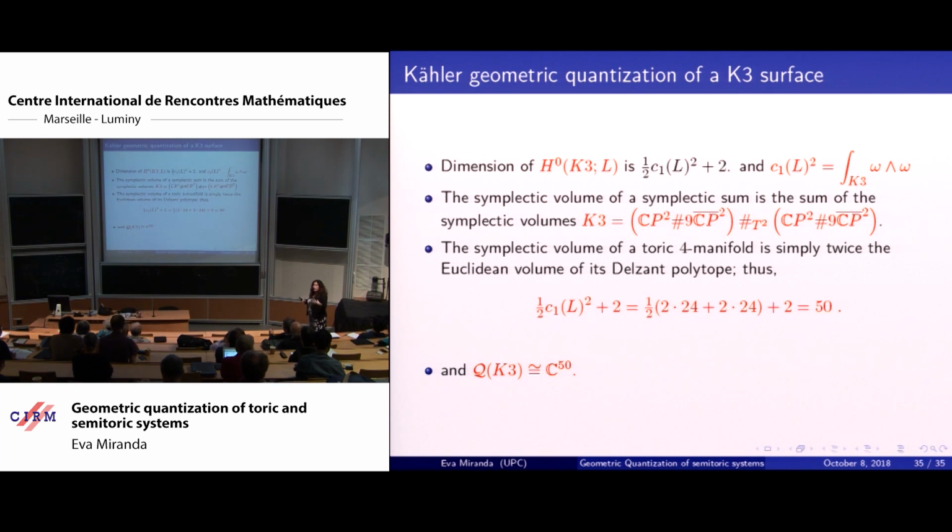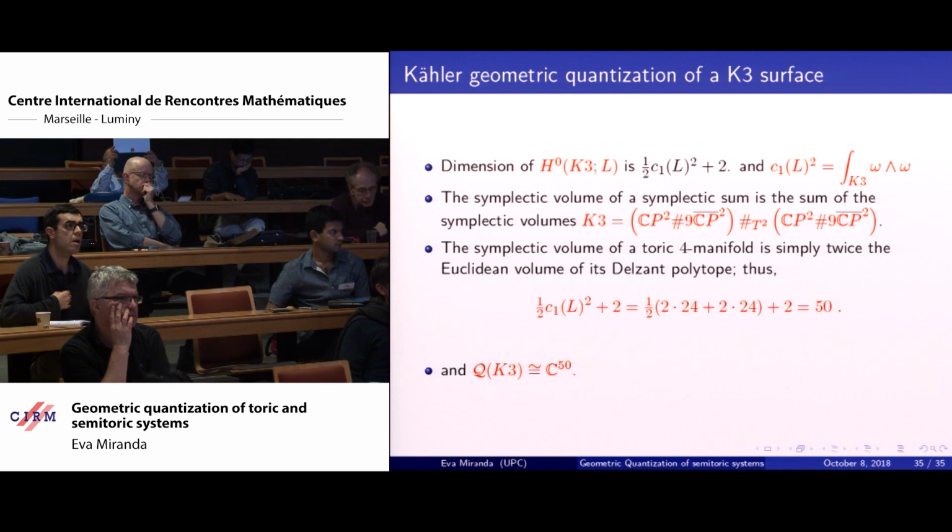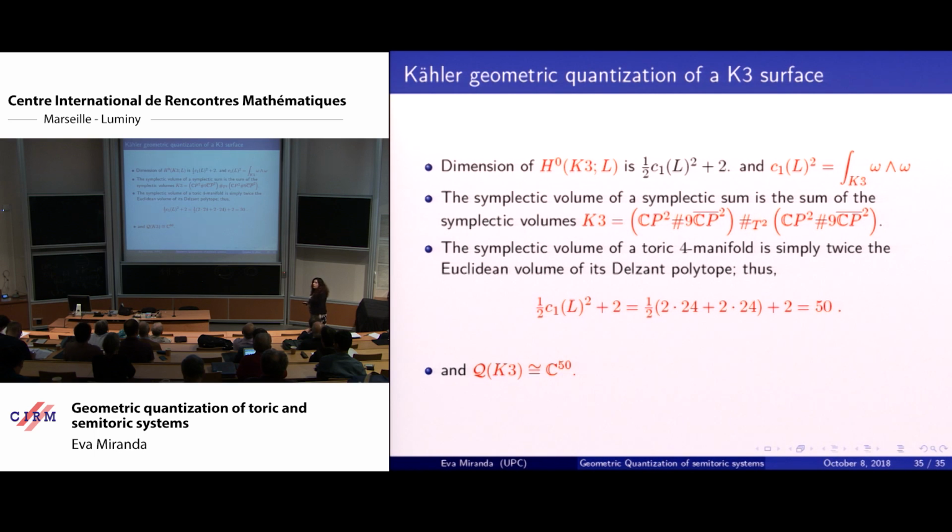It's so good that we have this K3 presented as a Gompf sum along the torus, because then we know that this integral is additive. So we just need to add up the volume of these two toric manifolds. Very good, because it's toric, we know how to compute the volume. We just need to count. Well, we have formulas relating the volume with the number of integral points inside.